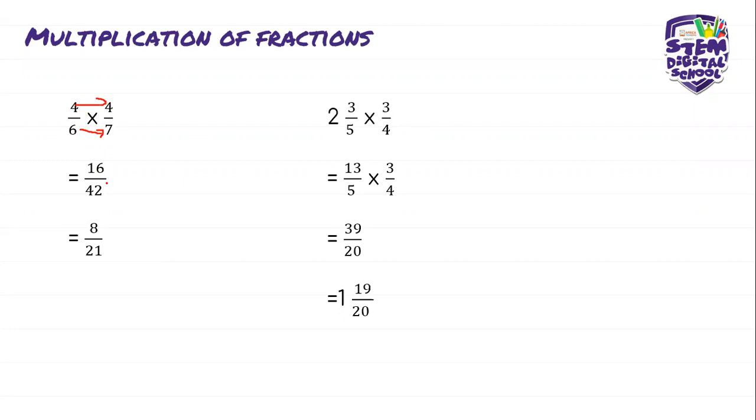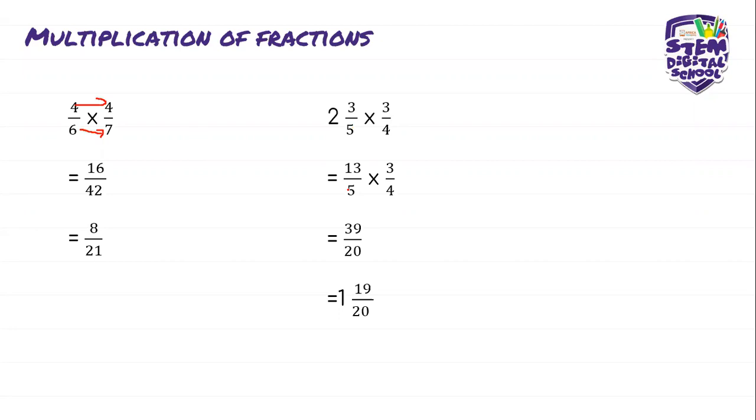Because 16 over 42 can become a smaller fraction. When you simplify, you are decreasing the fraction into its lowest form. Right now, 16 and 42 are divisible by 2, because they are both even numbers. 16 divided by 2 is 8 and 42 divided by 2 is 21. Same story here. I changed this into an improper fraction.